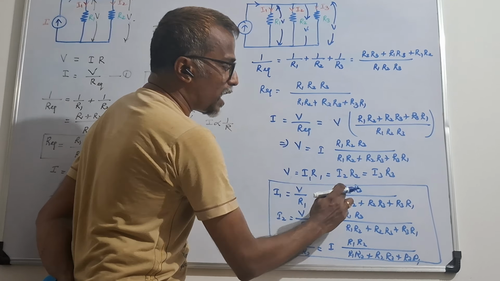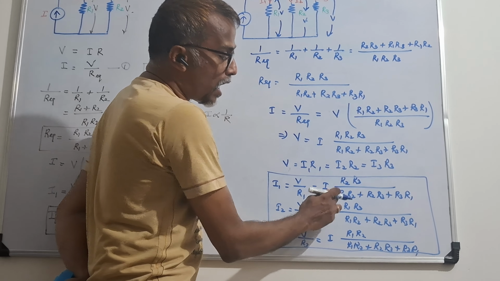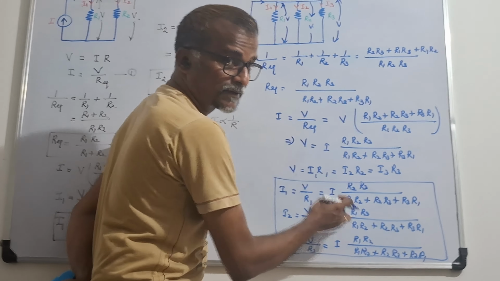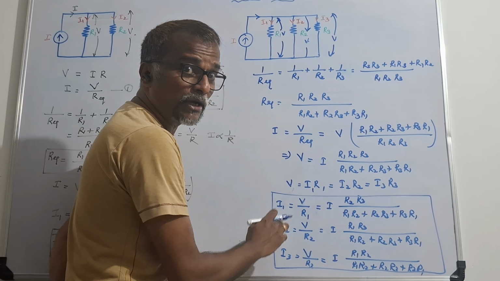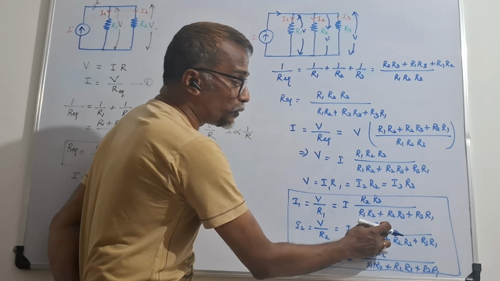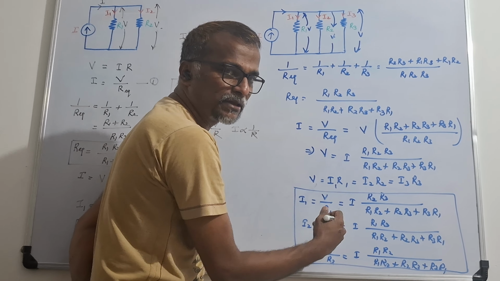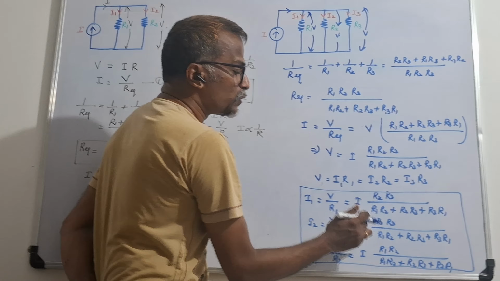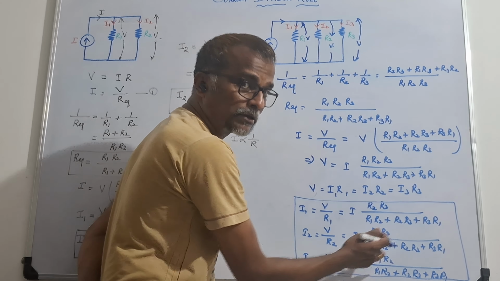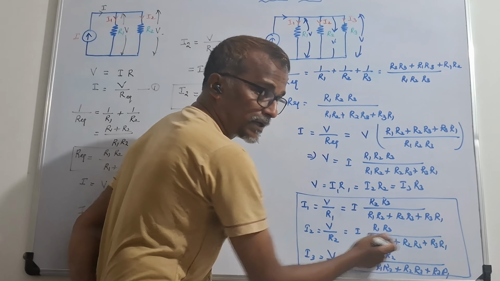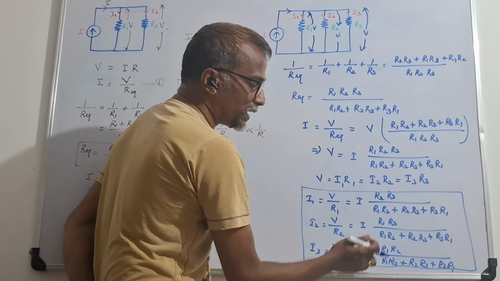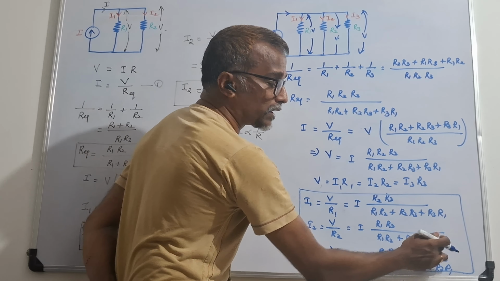So I into R2 R3 divided by the equivalent resistance. Similarly, whenever you calculate I2, R2 will not be there in the numerator. The multiplication of the remaining resistances will be there. So I into R1 R3 divided by R1 R2 plus R2 R3 plus R3 R1.